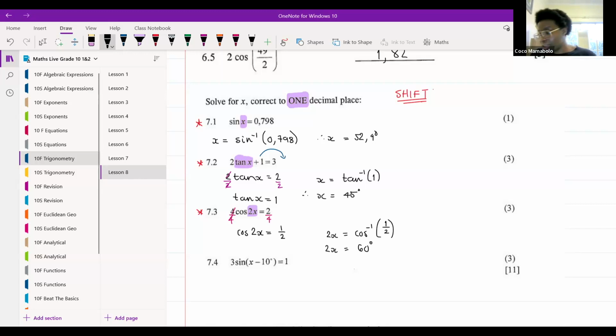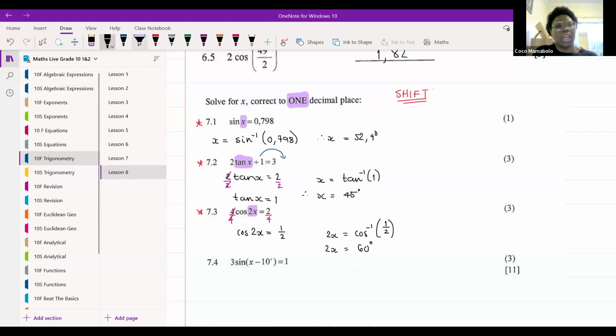Or am I lying? It is not 60 degrees, guys. Why am I lying? Arc cos of a half is not a half. I'm thinking of arc sine. Sorry, guys. 1/2 should be √3/2. No, I'm right.